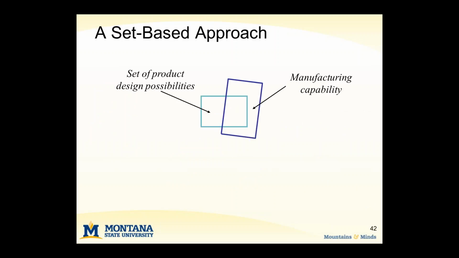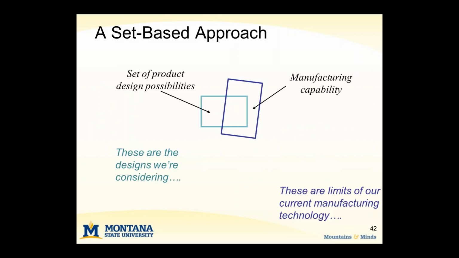In contrast to that, we might look at a situation that looks like this, where rather than communicating my best idea, we communicate a set of alternatives, and we compare that with a space of alternatives on the other side. Now, in this case, we're looking at product design versus manufacturing, but they could be any two interfacing subsystems.